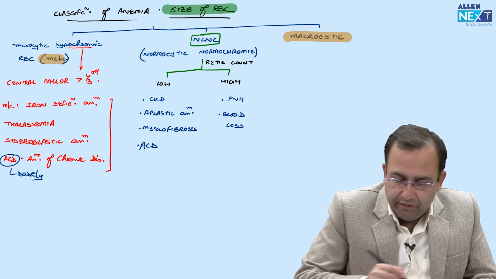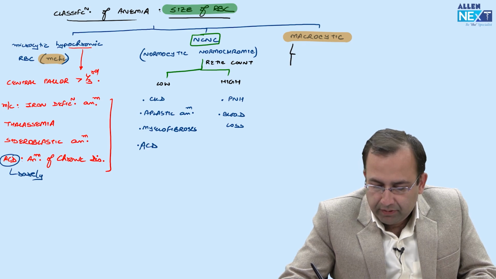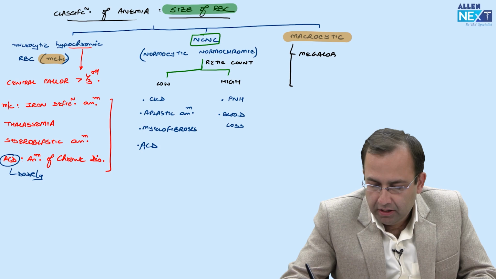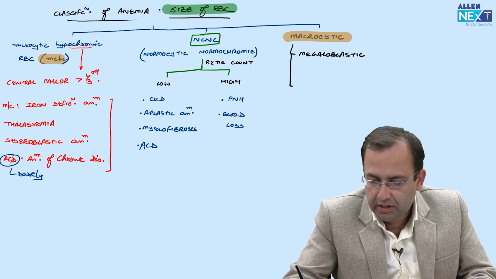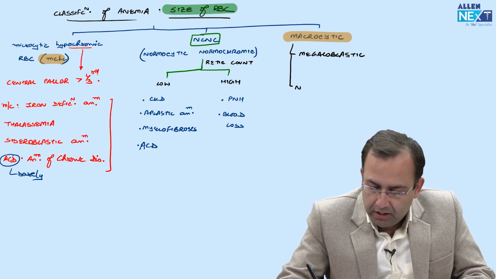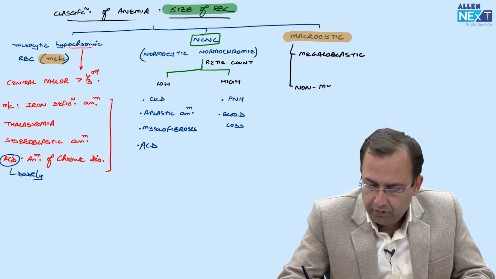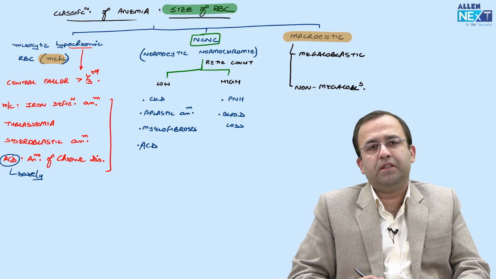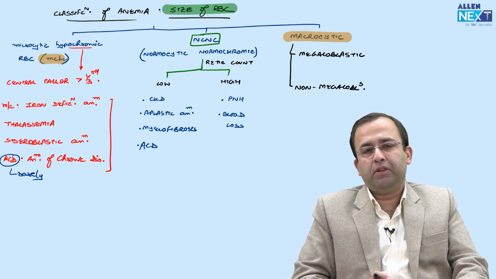We can classify macrocytic anemia into two types: megaloblastic versus non-megaloblastic anemia.